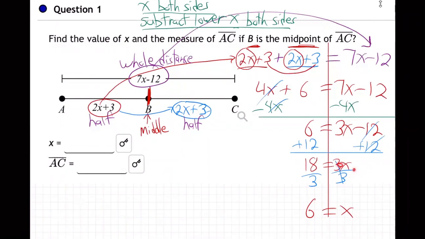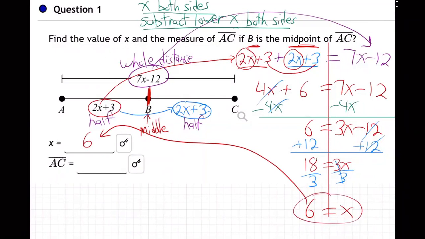So the opposite of multiply is divide. That's why I divided at the end. So you always do the opposite to get rid of things. The opposite of the minus 12 is add 12 to both sides. The opposite of the 3 that's multiplied by the x is to divide by 3 on both sides. So we got x alone. X is 6. Got that.